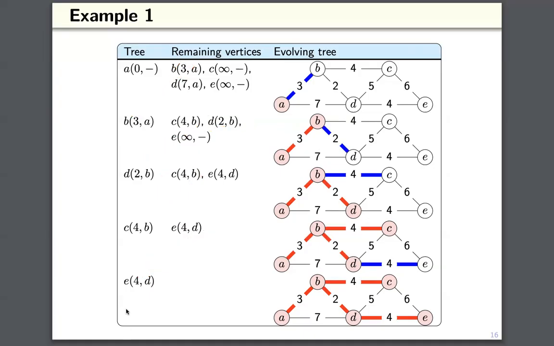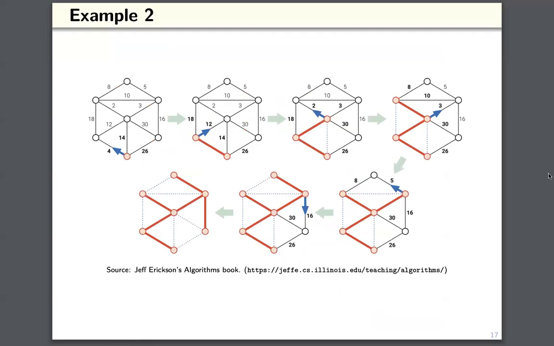Now let's try to see the same algorithm on a different graph. Now you tell me, right, what are the next edges that will be considered? See, suppose we start from this vertex. This vertex is in our tree. Now look at all the edges that are going outside the tree. 4, 14, 26.